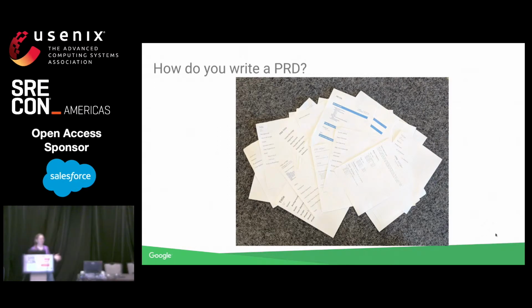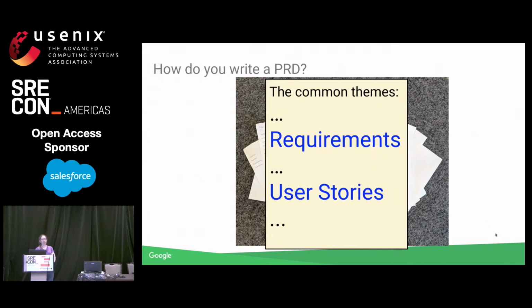After reading through them again and again and again, I managed to figure out there were common sections. What they usually had was introduction and stuff, and then requirements, and then more things, and then user stories, where there was one user story per requirement.